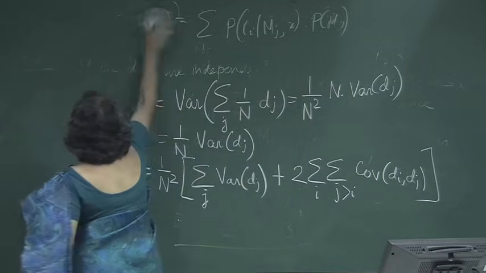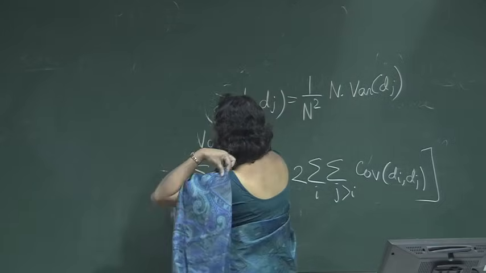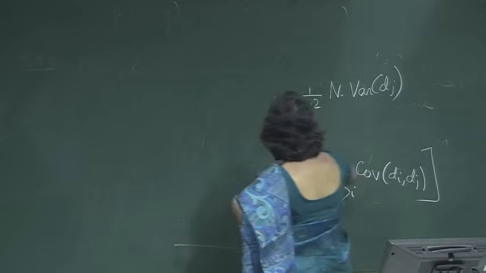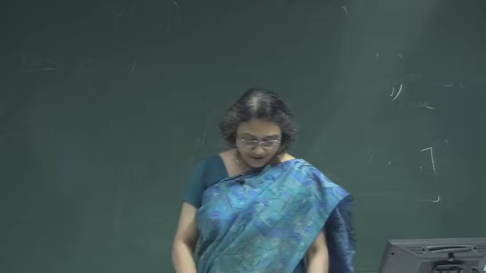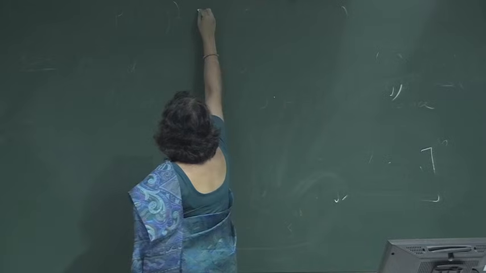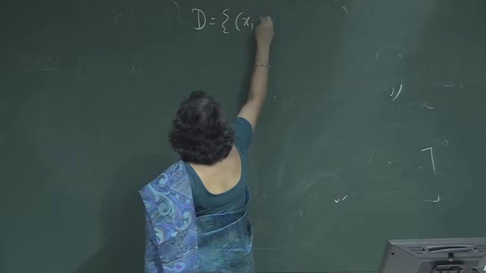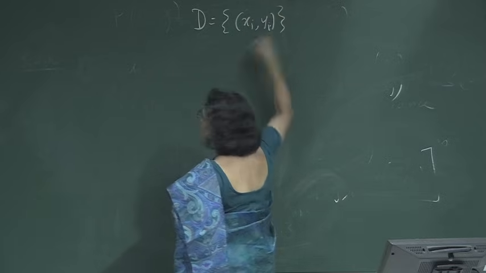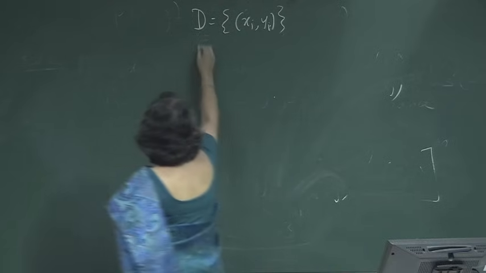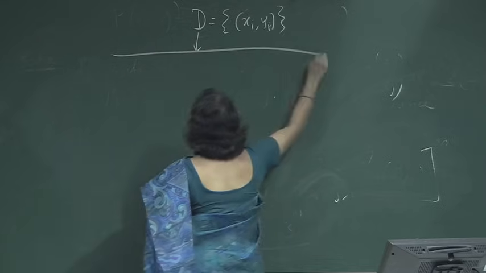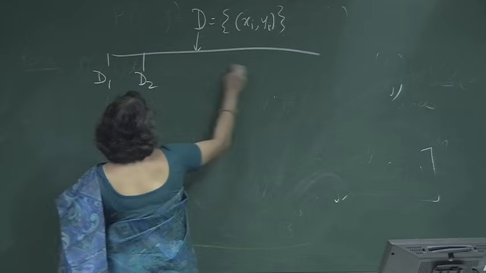Let me rub this board. There are different ways in which we can achieve independence, and what I told in the beginning of this class, you have a training data D, which is given to you. D is xi, yi. Now, one of the things that you could do, to the n learners, you will feed the training data, D1, D2 and Dn.